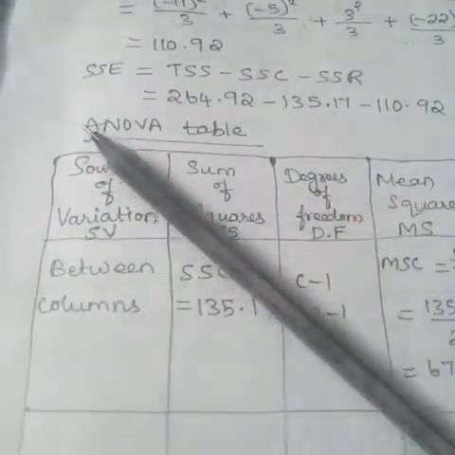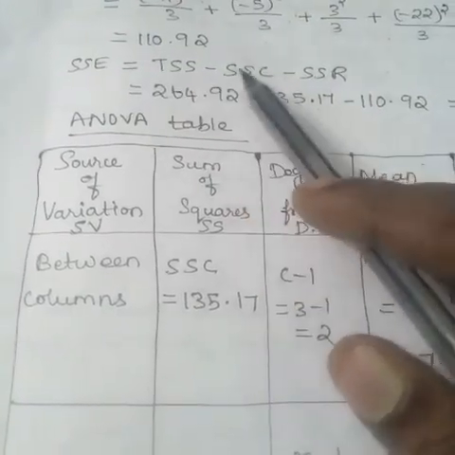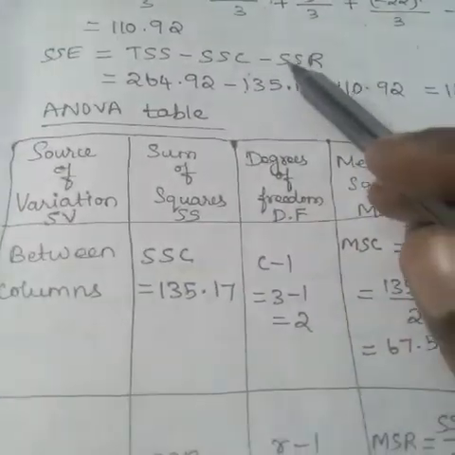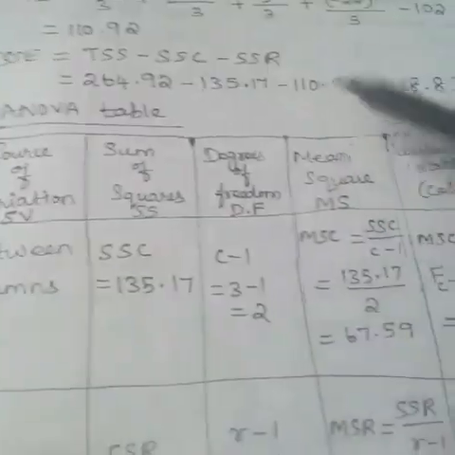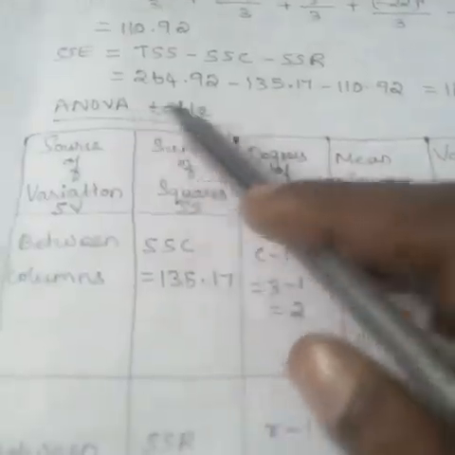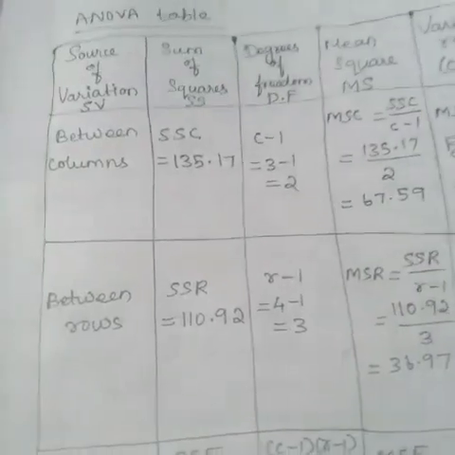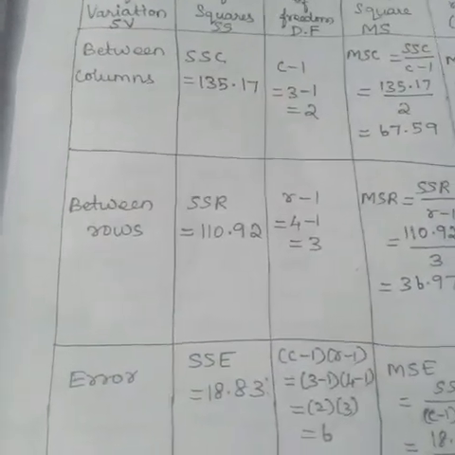And then SSE, sum of squares of error. SSE is total sum of squares TSS minus sum of squares of column SSC minus sum of squares of row SSR. So we get SSE value. Then finally we have the ANOVA table and all the particulars are entered in table form.